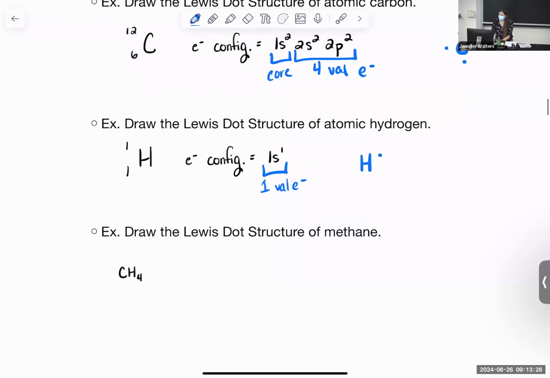When we combine these to draw the Lewis dot structure of methane, carbon with 4 hydrogens, we take the carbon's Lewis dot structure and the hydrogen's Lewis dot structure, and we have 4 of them.